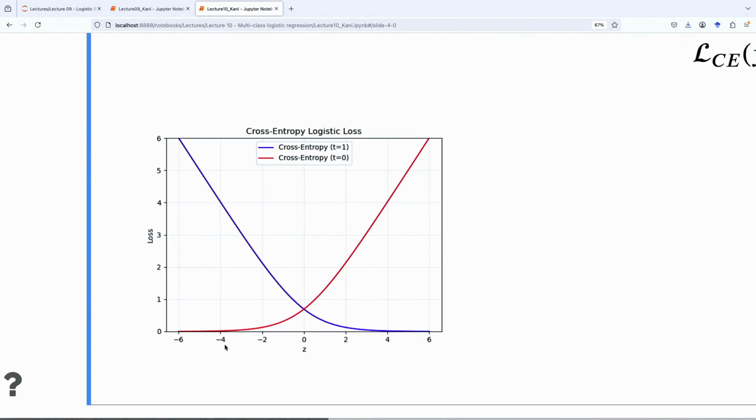The loss gets small only if the model predicts that the label should be negative, by predicting that this logit is very negative. Okay? That makes sense? So this is actually what's referred to as hinge loss. Basically, it's a hinge.